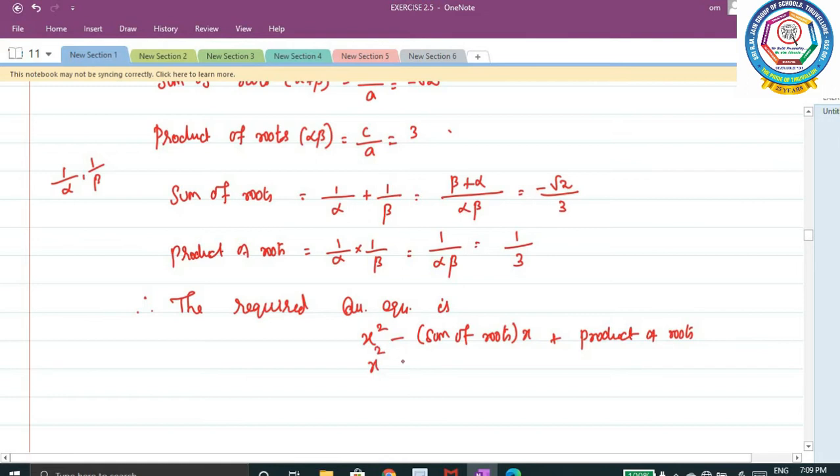Therefore x square minus sum of roots, we got minus root 2 by 3, into x plus product of zeros, 1 by 3, equal to 0.